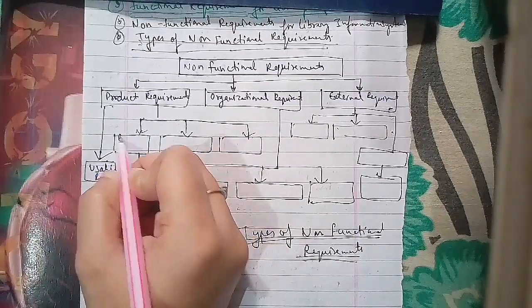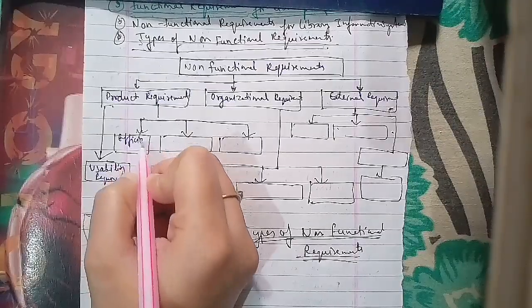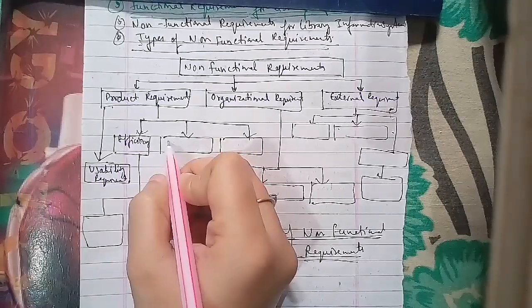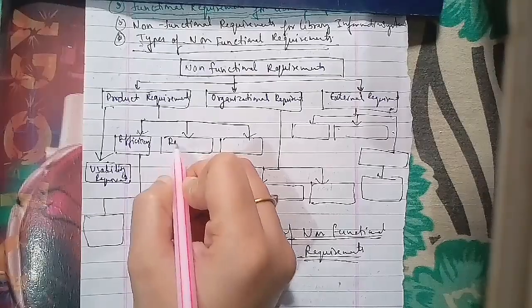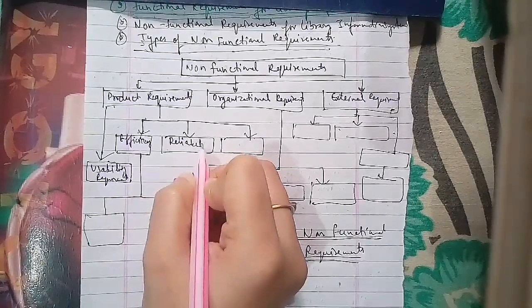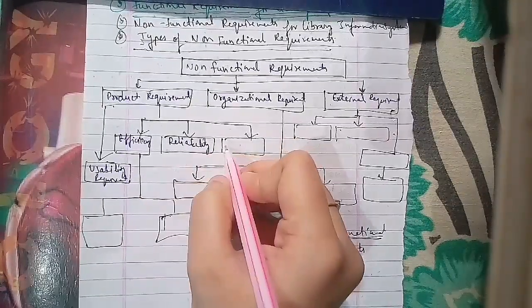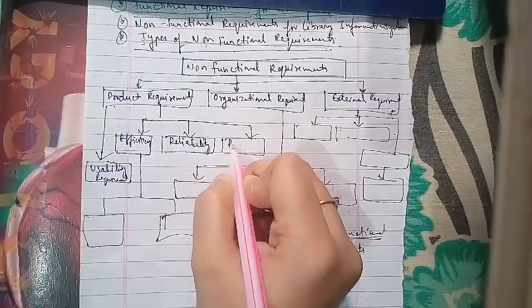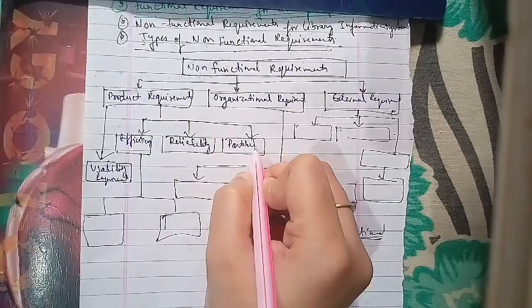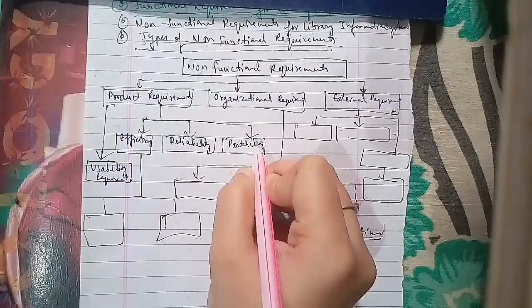And the efficiency requirement has been divided into two, which is the performance requirement, and the second we have is your size requirement. Okay, so this is all we had completed about the product requirement.